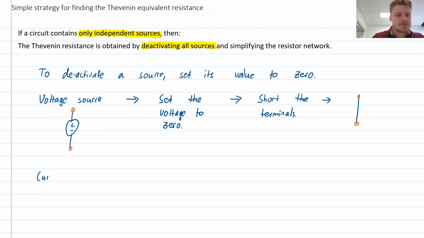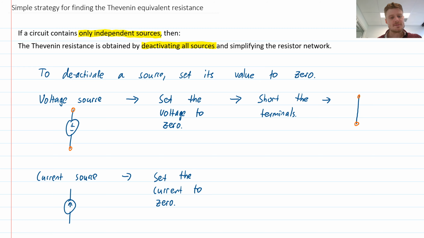If on the other hand we have a current source, then it will work out a little bit differently. For a current source, what we actually do is we set the current to 0. What does it mean if there is no current that can flow between two nodes? Well, it means that we have an open circuit.